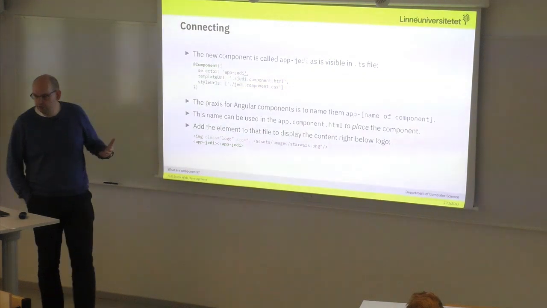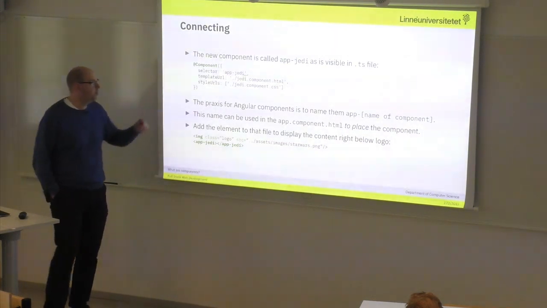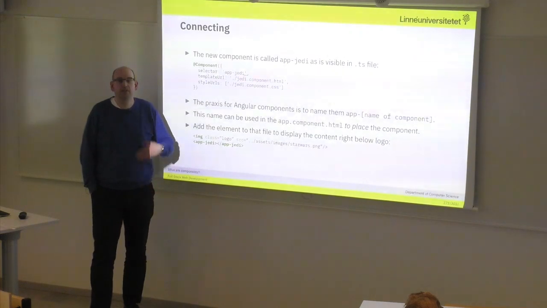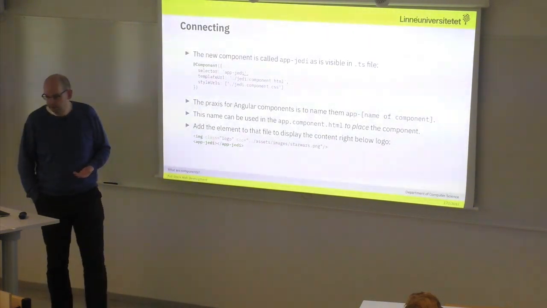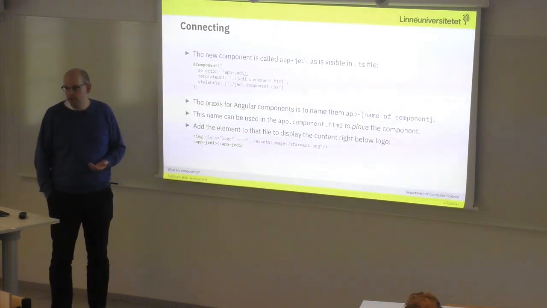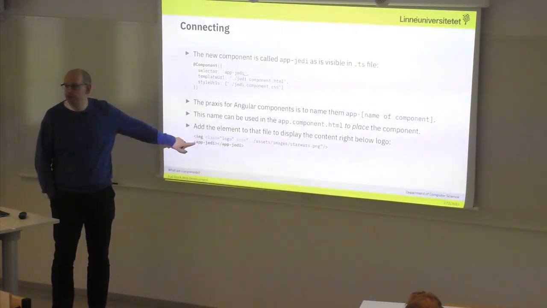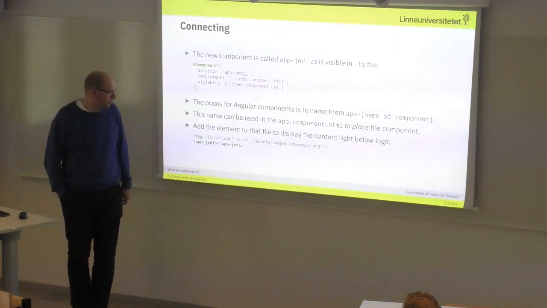If we look into the appjedi.component.ts, which is the name of the component, we see that the selector is app-jedi, which is the normal way of doing it. So then we go back to our app component HTML, where we had this logo, and we just add this new element that we have, this new tag, app-jedi.